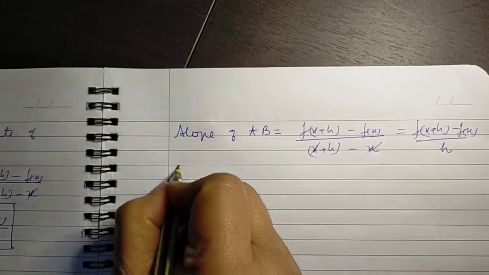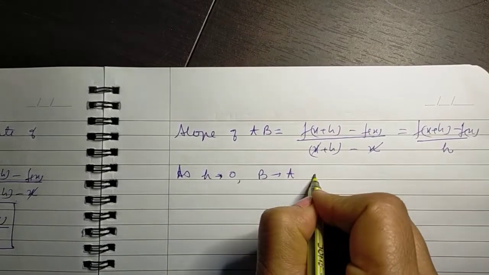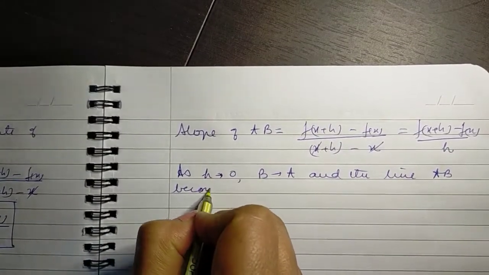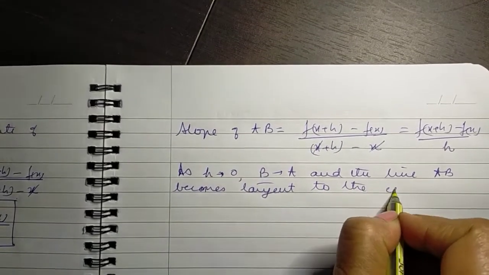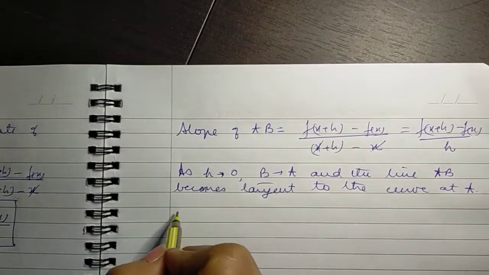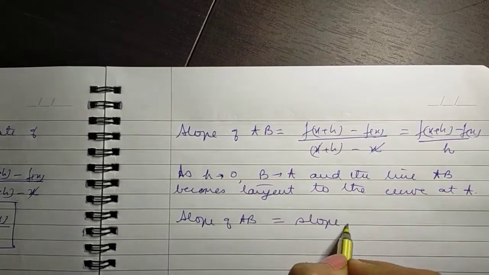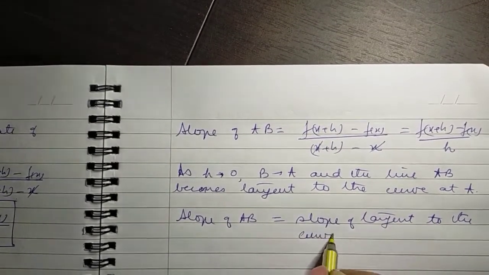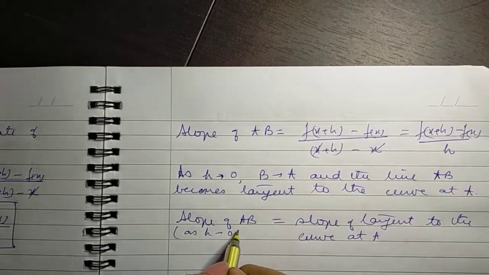So what do we write? As h approaches 0, B approaches A, and the line AB becomes tangent to the curve at A. And clearly the slope of AB is nothing but the slope of the tangent to the curve at A, when h approaches 0.